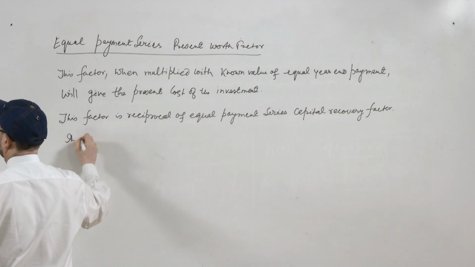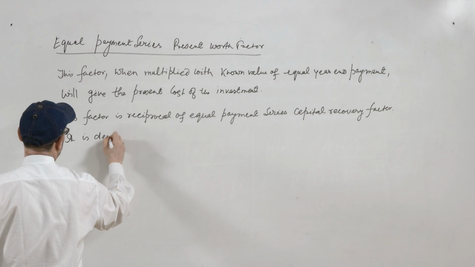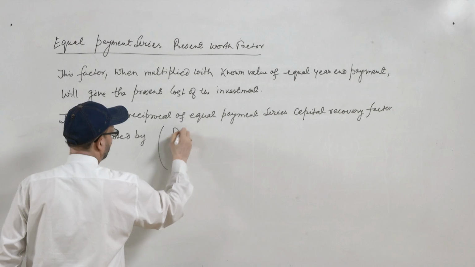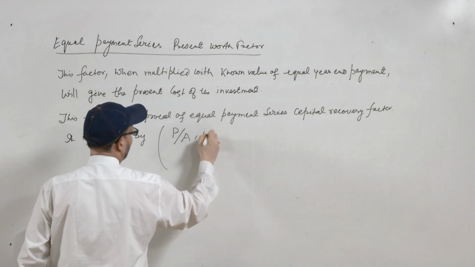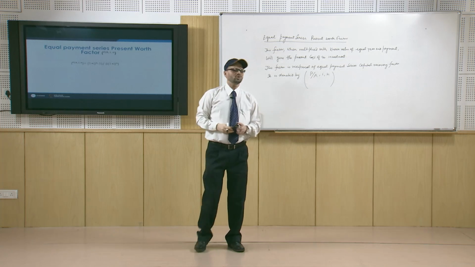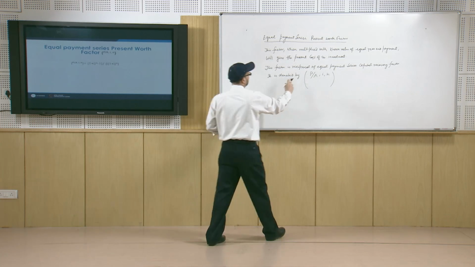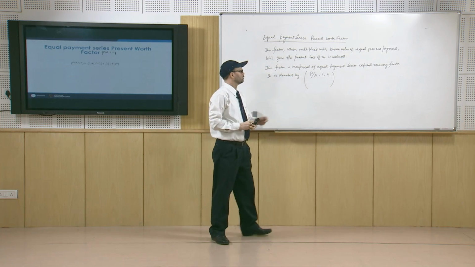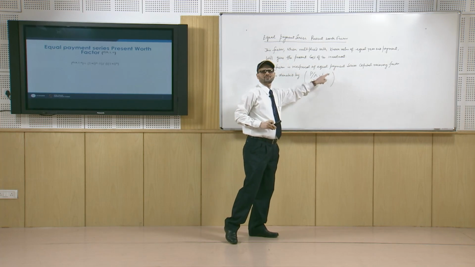It is denoted by P by A i n. We already know the value of A, we know the interest rate and we also know the number of interest periods.